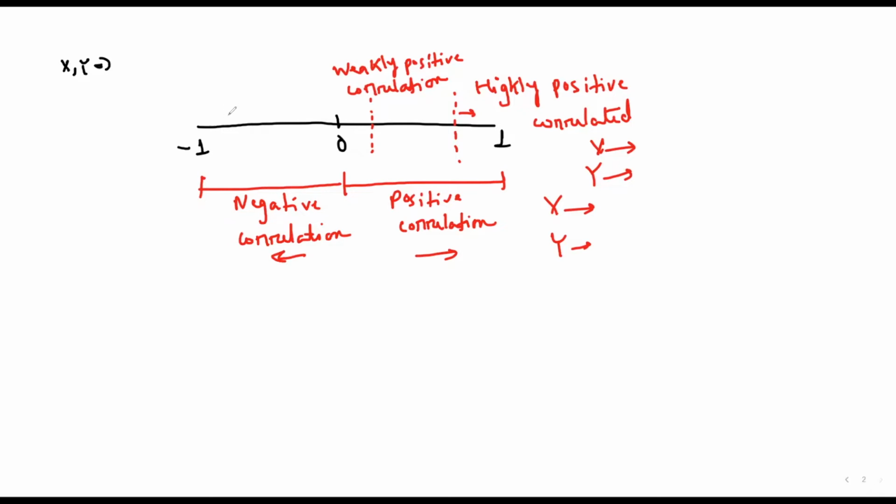So if you find a value near to -1, it will be highly negatively correlated. If it is a negative number and near 0, it can be weakly negatively correlated, like that. So this is kind of a chart you can refer to for the correlation.